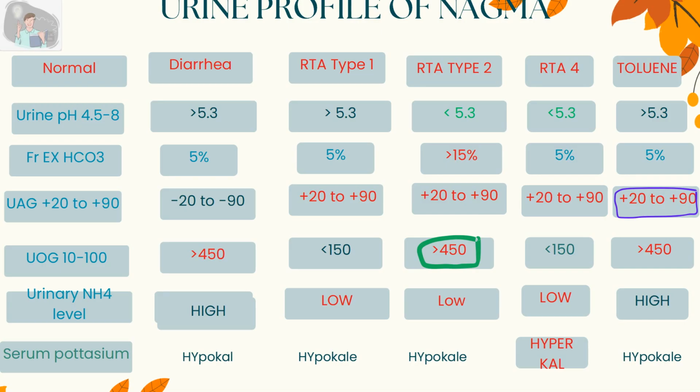As to why diarrhea has a negative urinary anion gap, because of the gut pathology in diarrhea, you have lost bicarbonate in the stools, you have an acidemia there, and the kidneys, functioning appropriately, excrete ammonium chloride.